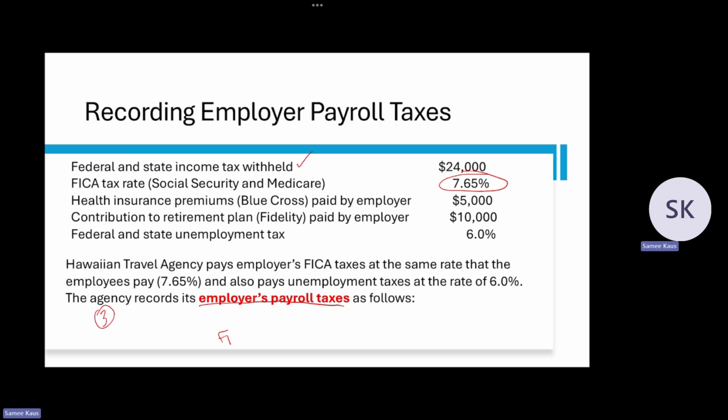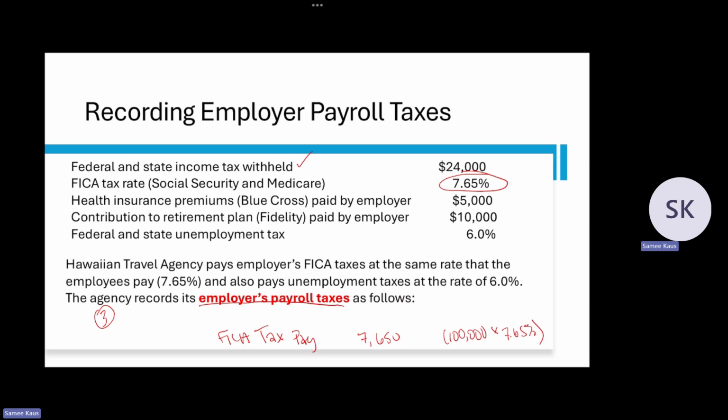So I need to establish a FICA tax payable, and it's always going to equal the same amount. It's going to be my $100,000 in total salaries expense multiplied by my 7.65% FICA rate. So this will always be the same between the employer and the employee. Your FICA tax payable amounts need to equal because they're always based off the same number.